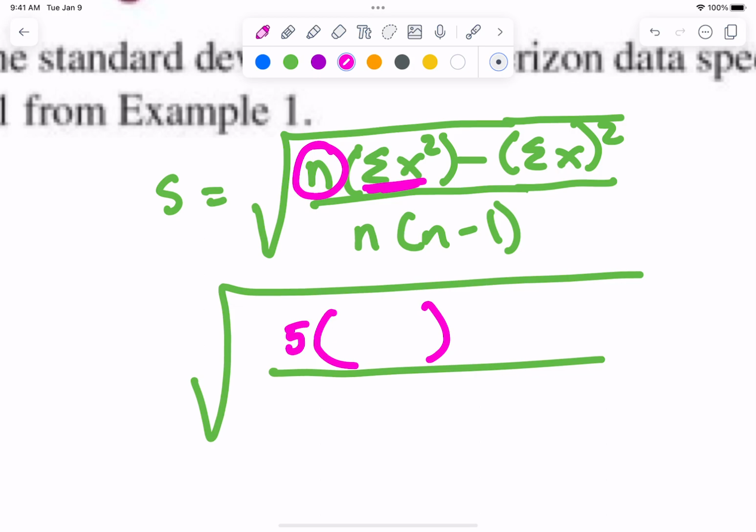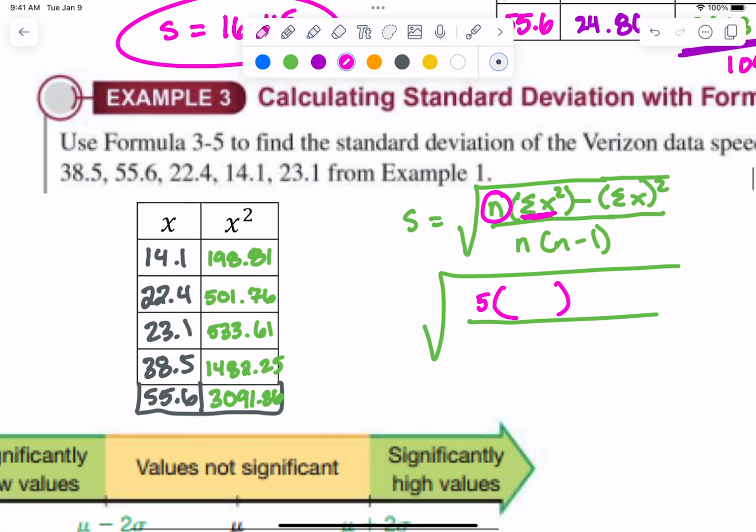This guy says the sum of all the x squared. So we've got to add those together. Somebody else do the sum of the first column, if you want a shorter one.